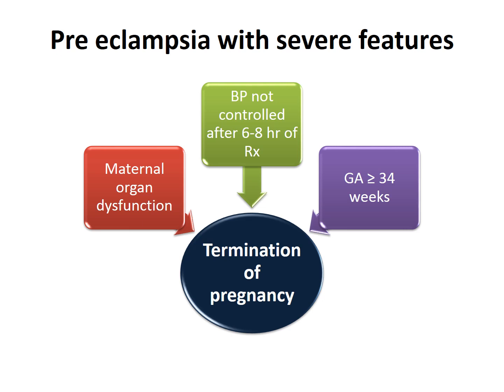If the gestational age is less than 34 weeks, but there is evidence of maternal organ dysfunction like abnormal LFT, RFT, hemolysis, or warning signs, then take steps to terminate pregnancy even if the gestational age is less than 34 weeks. Also, if in spite of our attempt to control BP with the drugs for 6 to 8 hours the BP remains uncontrolled, that is again an indication to terminate the pregnancy.